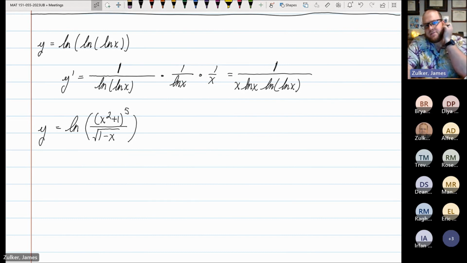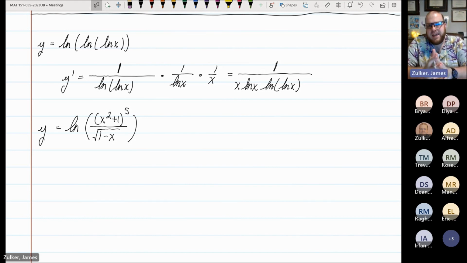So if we look at this, and we try to just use the logarithmic rule, all right? 1 over what you're taking the log of times the derivative of what you're taking the log of. That inside function is going to require a quotient rule, right?